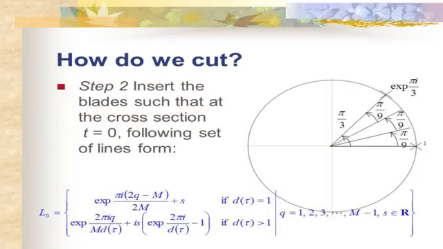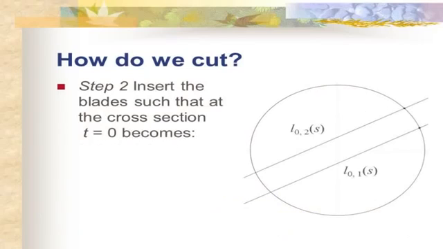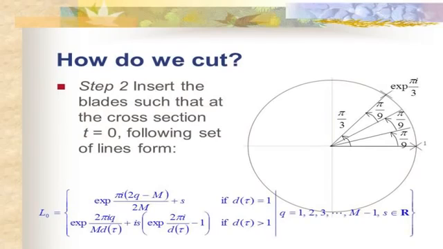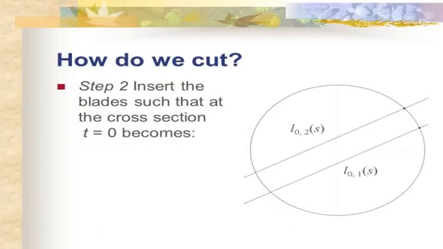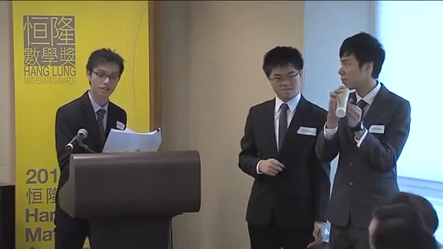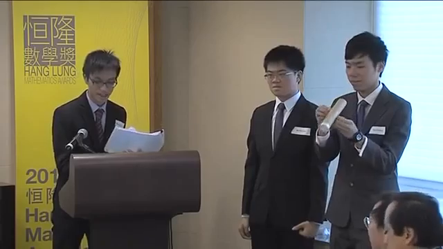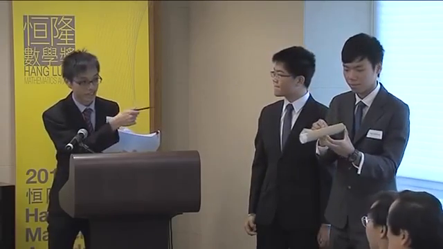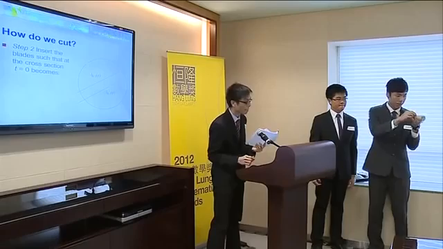We divide the arc from here to here into 3 parts, and then we have these points where we insert the blades. The blades should be perpendicular to the chord from the arc from 1 to exponential of pi i over 3, so that they look like this in the cross section, and in 3D they look like this.